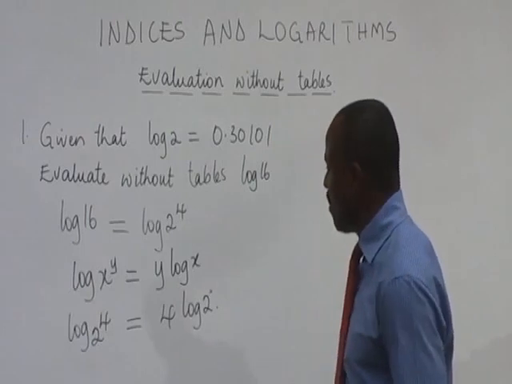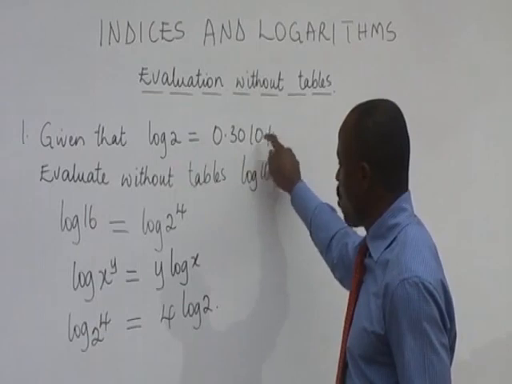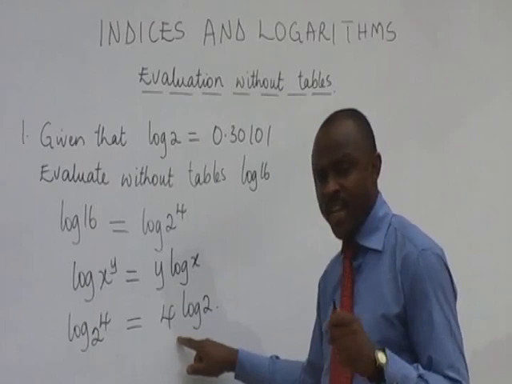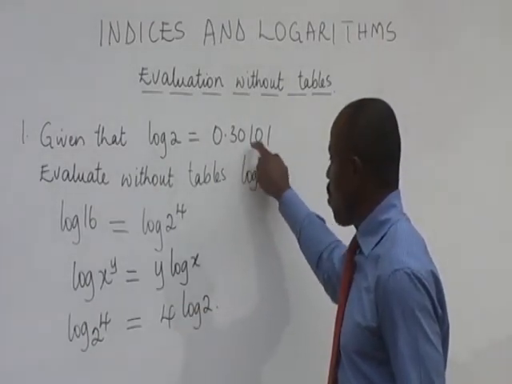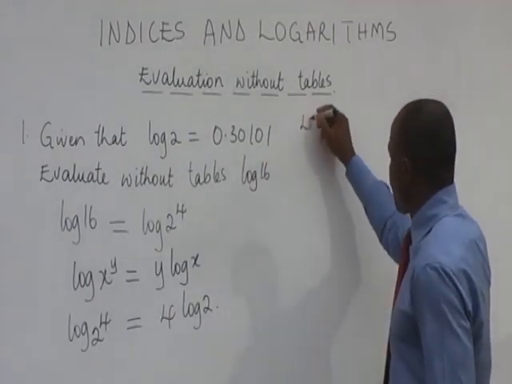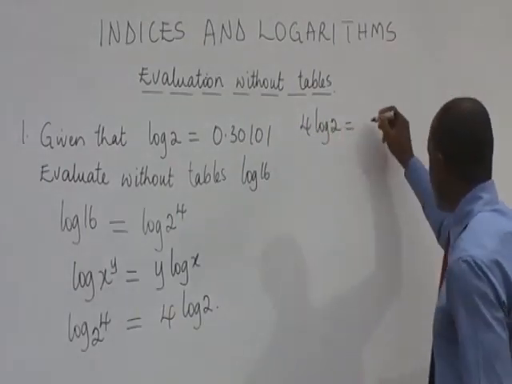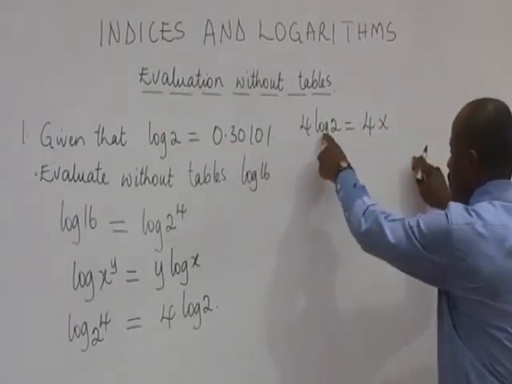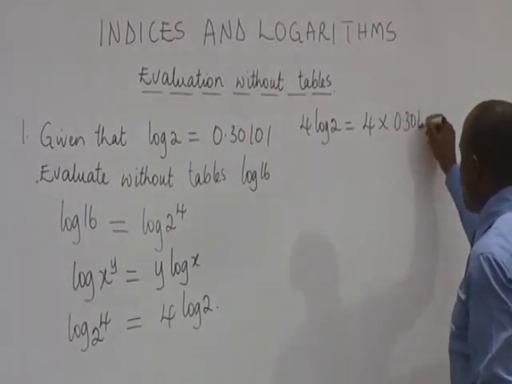If that is the case, remember they gave us that the value of log of 2 is 0.30101. What we're going to do here is to substitute, exchange log of 2 with 0.30101. When you do that, you're going to discover that 4 log 2 will now be equal to 4 times the value that has been given for log of 2, which is 0.30101.